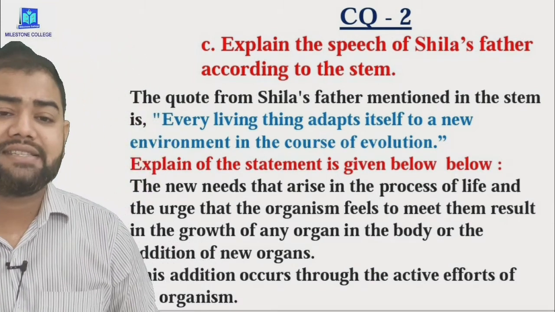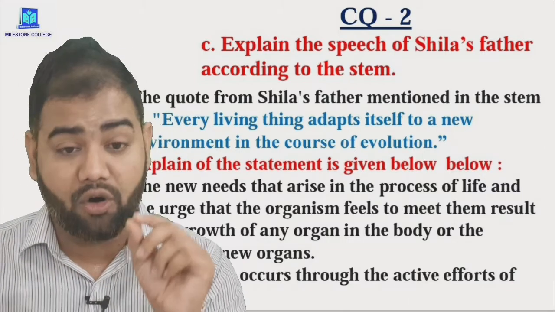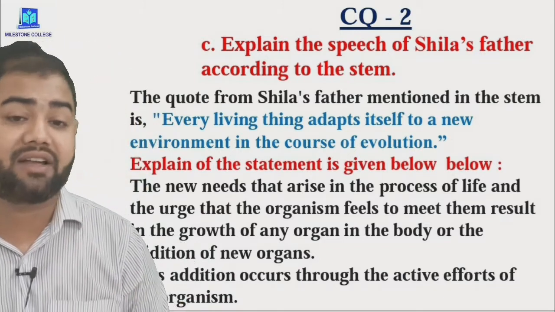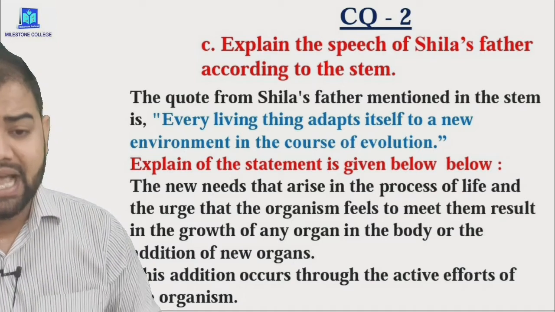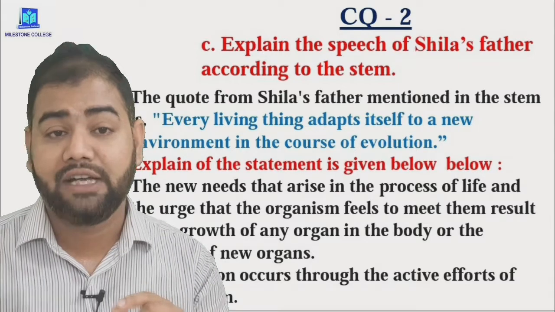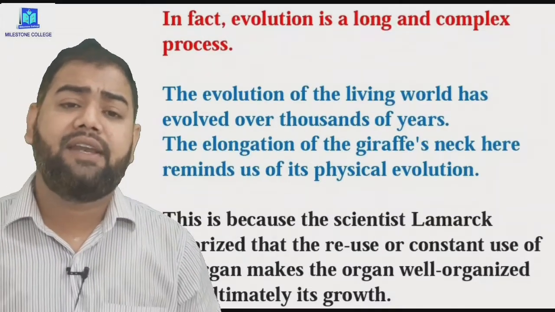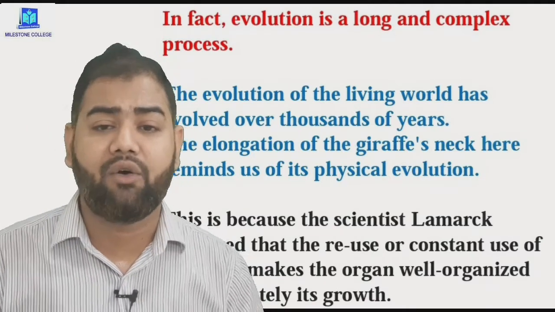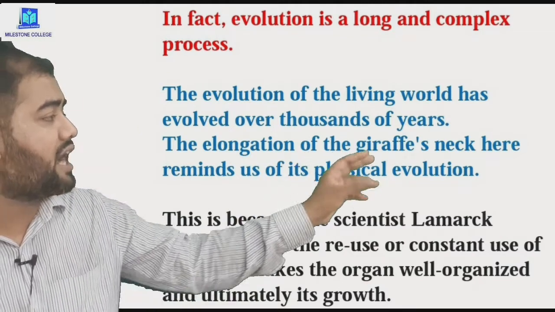The new needs that arise in the process of life and the urge that the organism feels to meet them result in the growth of any organ in the body or addition of new organs. The addition occurs through the active efforts of the organism. In fact, evolution is a long and complex process. The living world has evolved over thousands of years.